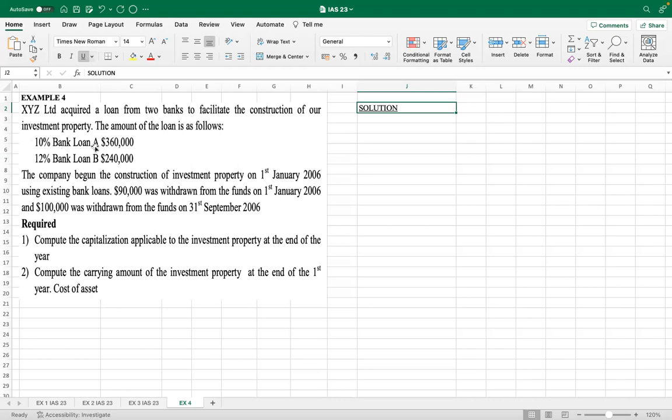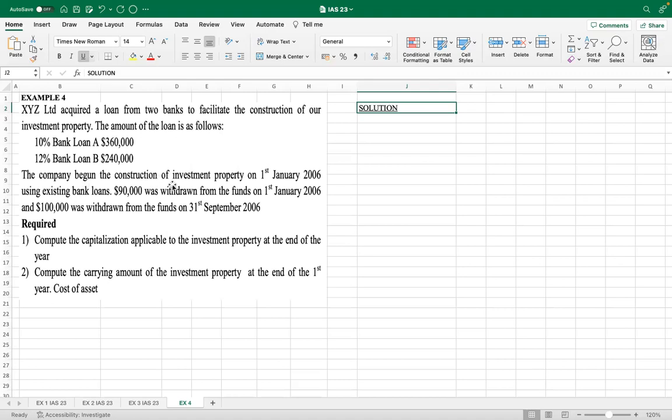The first loan was borrowed from Bank A, and the amount borrowed was 360,000 at an interest rate of 10%. And for the second loan, they borrowed an amount of 240,000 at an interest rate of 12%.